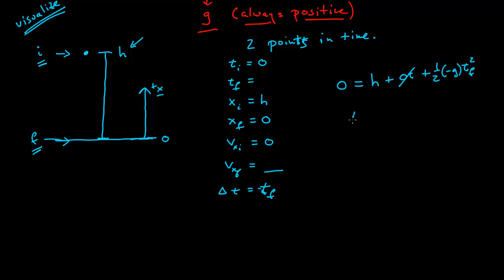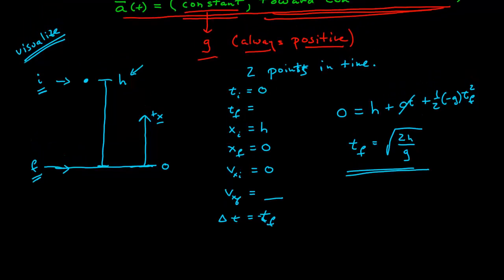And if I do the algebra, I have t sub f equals the square root of 2h over g. And so here I've been able to find the final time. And you see, even though I know what g and h are, I leave it in terms of g and h, and then I can plug in values at the end. That's the end of this example.